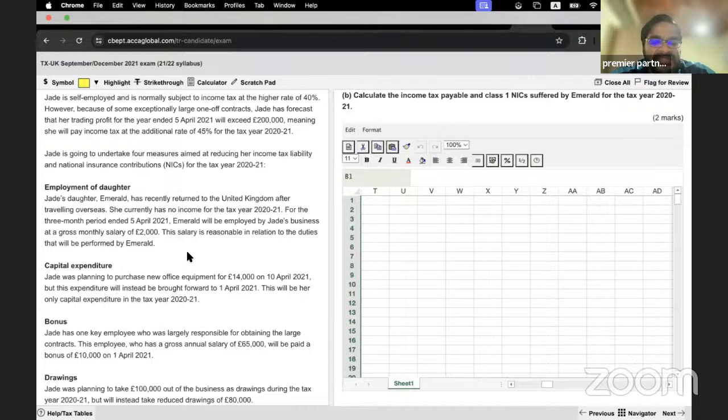This salary is reasonable in relation to the duties that will be performed by Emerald. Okay. So whatever task Emerald is going to perform, the price that Jade is planning to pay Emerald is reasonable. That means we are in line with the market rate. Based on that, now we have to calculate the income tax payable and national insurance contribution payable by Emerald. Is the case clear?